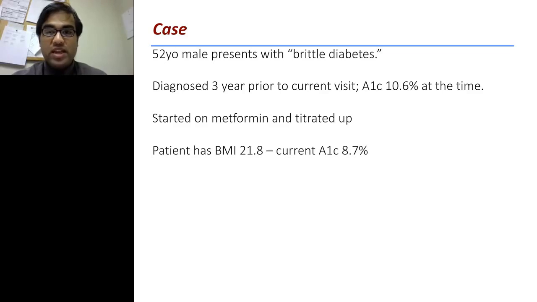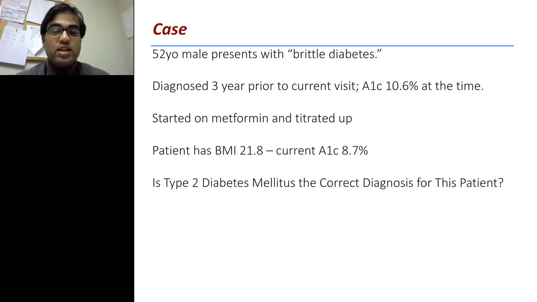His A1C, which is being used here to monitor his control, was around 10.6%. He was started appropriately on an oral agent and titrated up on that agent. He did not have an obese BMI, and when I saw him, his current A1C was 8.7%. So he's had a reasonable response.